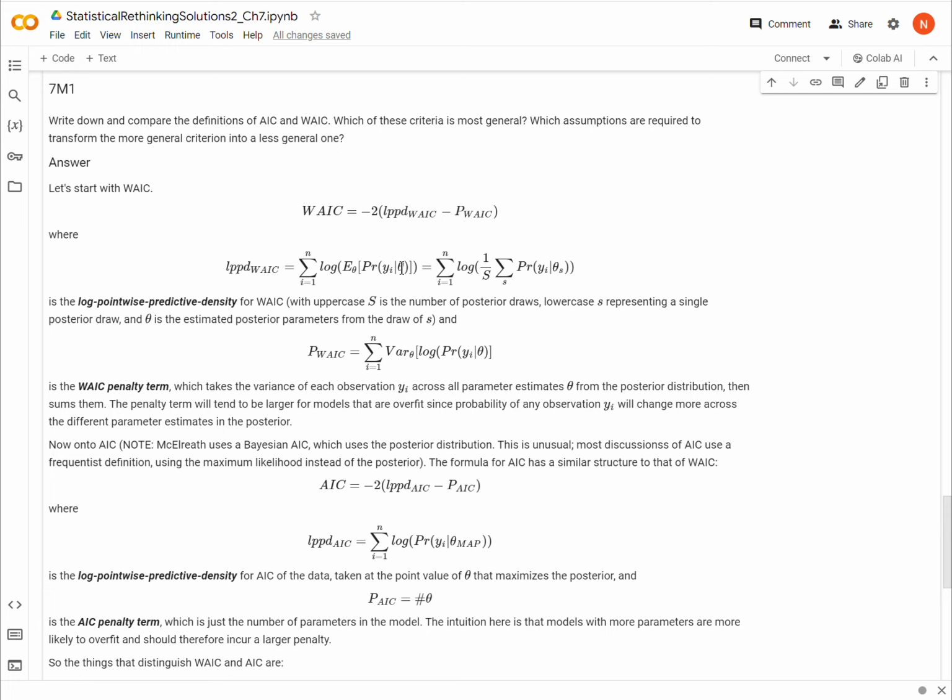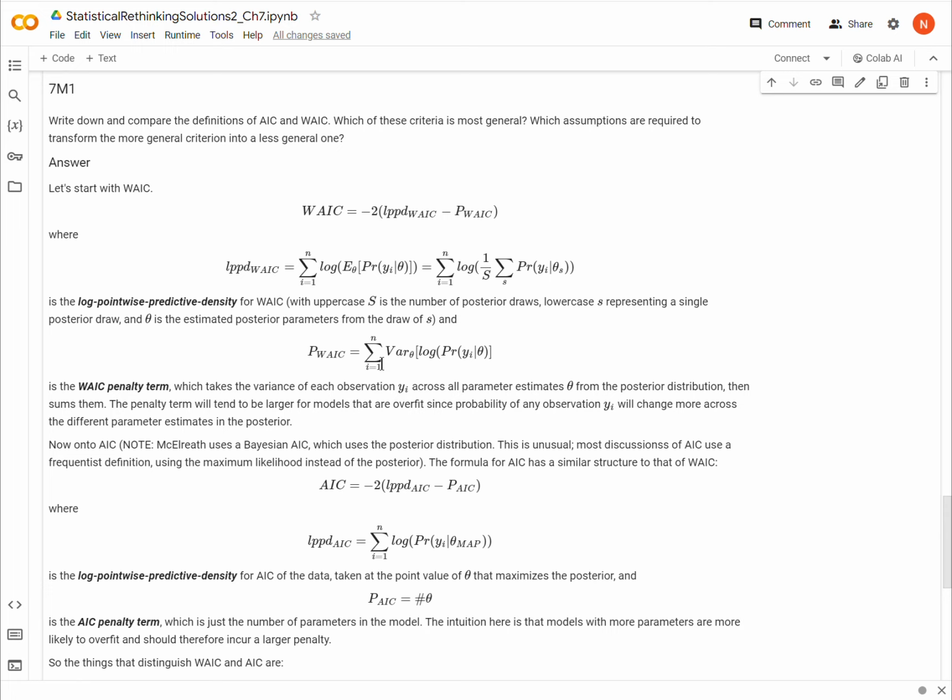So every draw of our posterior distribution is going to imply a certain probability for having observed y sub i. And then we take the average of all of the probabilities for y sub i, for each data point, and then we log that, and then we sum that value for each of the data points. So that's what's happening there.